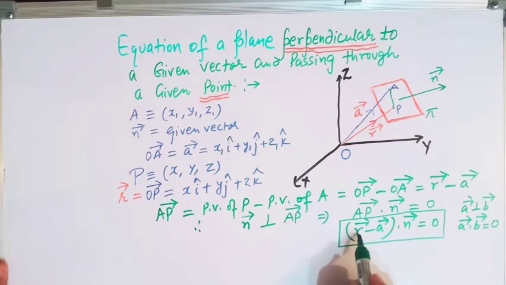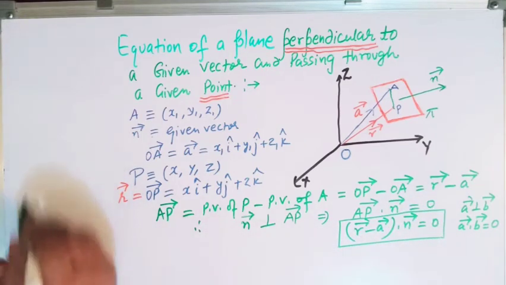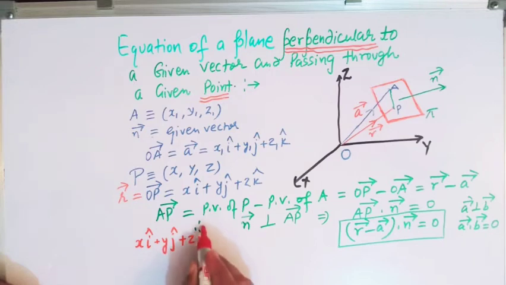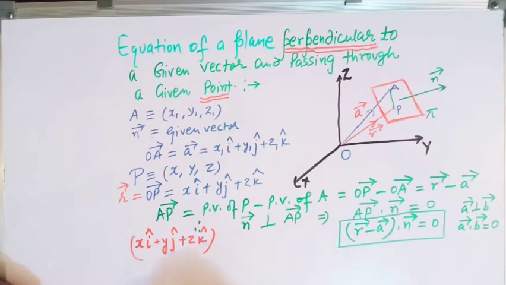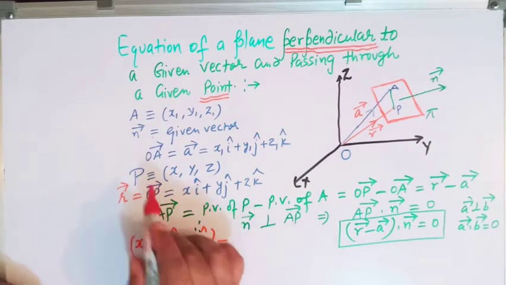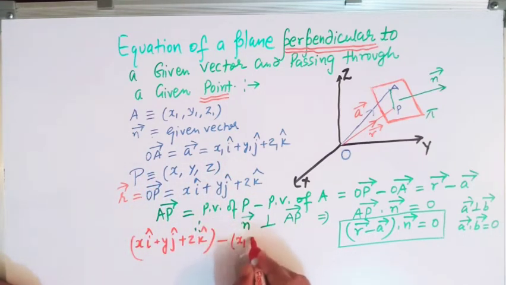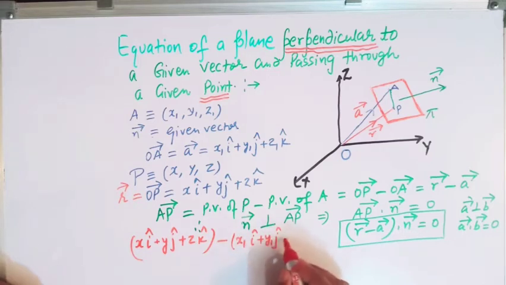Now this vector r minus vector a can be written as xi cap plus yj cap plus zk cap minus x1 i cap plus y1 j cap plus z1 k cap, right?